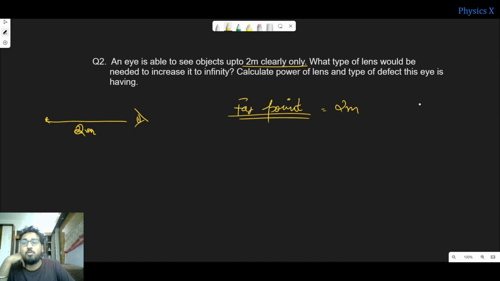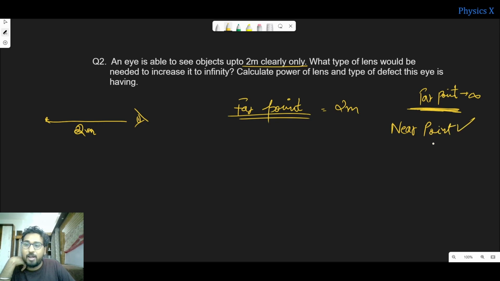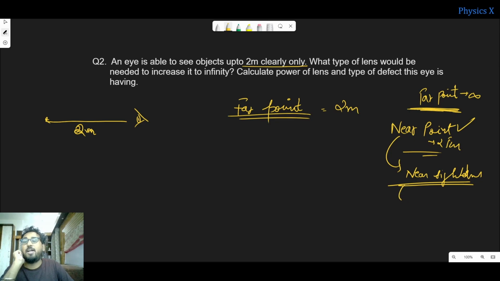The normal far point is at infinity, and we need to calculate the power of the lens. First of all, there is a problem with this far point. Near point is fine, which is 25 centimeters. When the near point is fine, it means near sightedness, also called myopia.